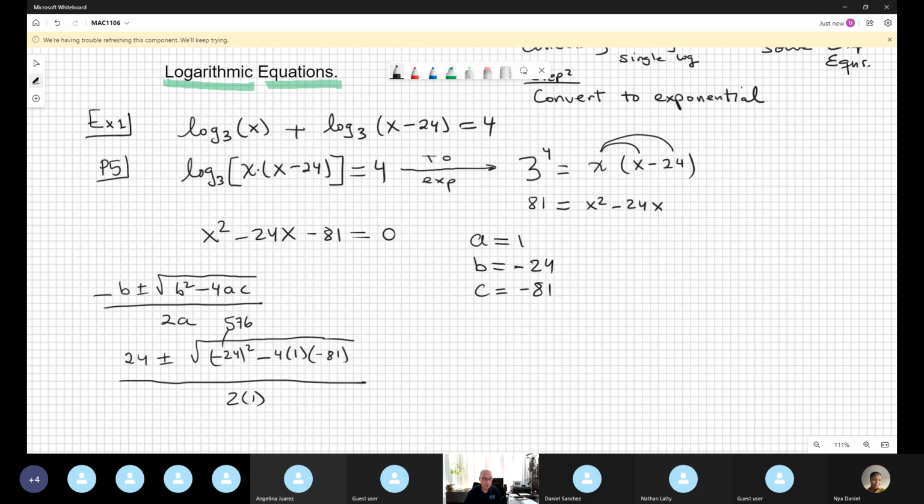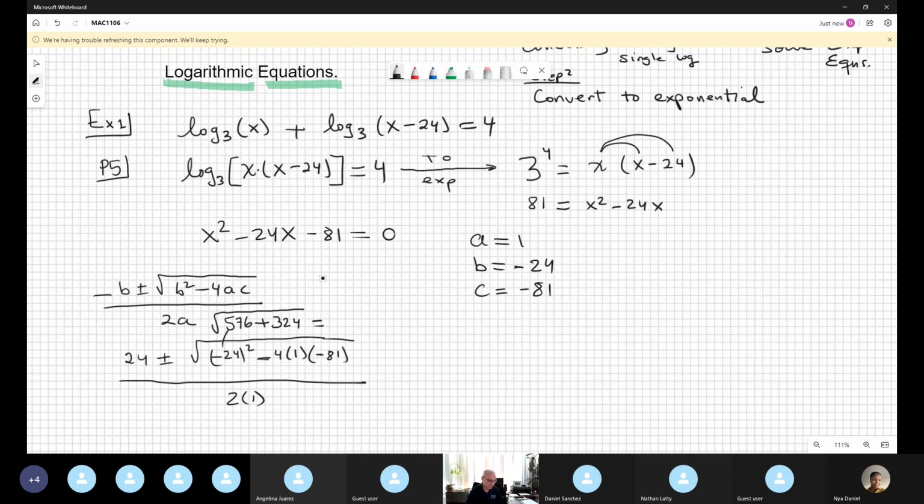Now be careful. We have a double negative. Negative and negative become positive. Positive 4 times 1 gets 4, and 81 times 4 is 324. Don't forget that we have a square root here, right?